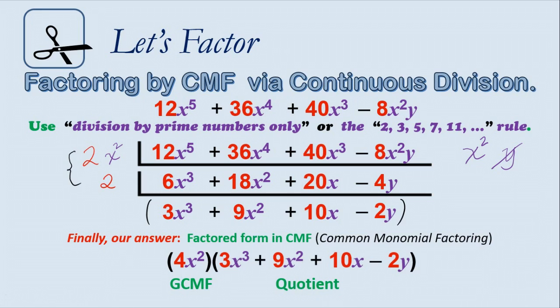The factored form is the final solution to any problem in factoring. Thus, factoring the original polynomial by CMF, or common monomial factoring, will give us the final answer, which is the factored form, or GCMF times the quotient, or 4x squared times the quantity of 3x cubed plus 9x squared plus 10x minus 2y.